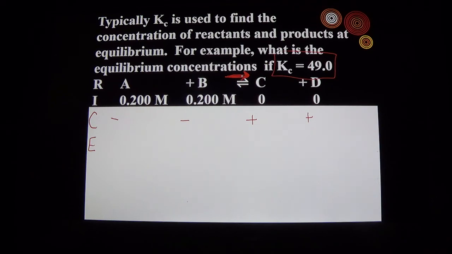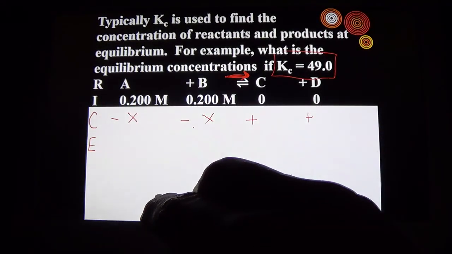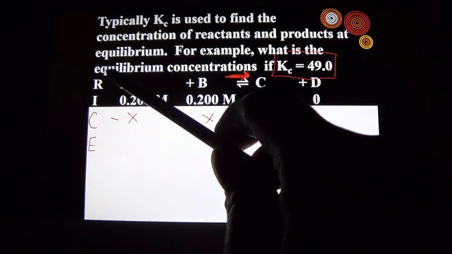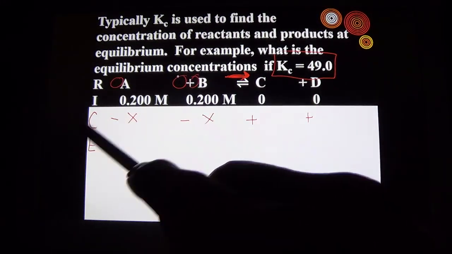What we do need to know is, how much of the reactants are we going to lose? We don't know is the answer. So we're going to say, hey, let's lose X amount. Now check this out, because it is a 1-to-1 ratio. Well, I should put the circle there.